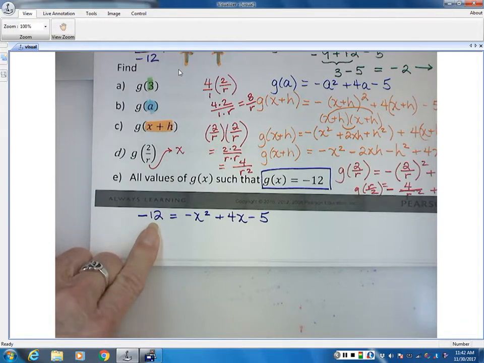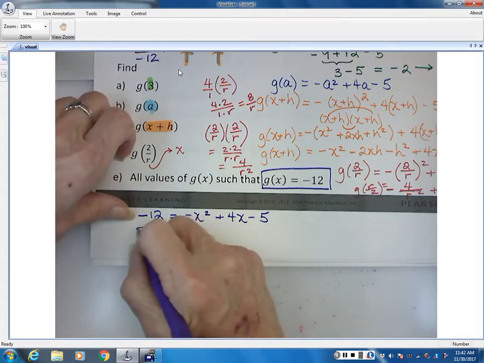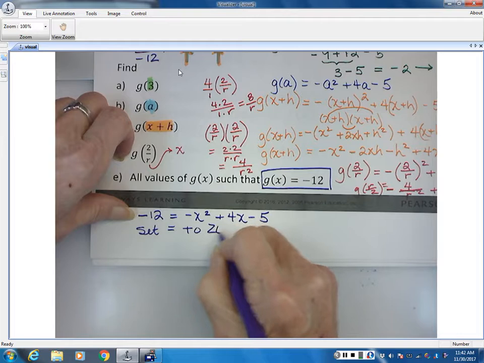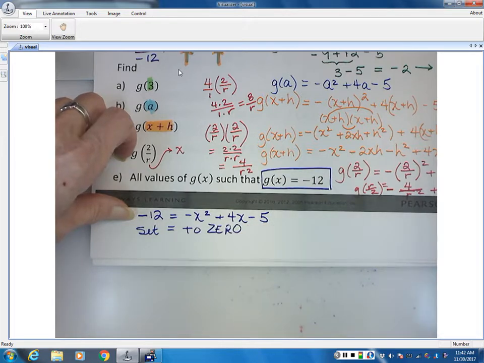And I know that when you were in 1100, you learned how to solve quadratic equations. Because that's what this is. This is a quadratic equation. And the first thing you have to do to solve a quadratic equation is set it equal to 0 and solve for x.